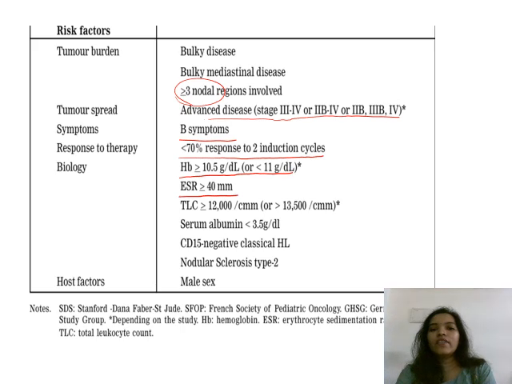A rise of total leukocyte count to more than 12,000, or serum albumin levels less than 3.5 grams per deciliter, or CD15 negative classical Hodgkin's lymphoma, or nodular sclerosis type, or if it is predominantly seen in males. So all these factors play a very important role in the prognosis of the disease, and usually these will show poor prognosis if any of these are associated.